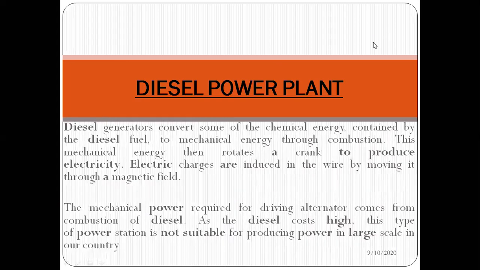The diesel generator converts some of the chemical energy contained in the diesel fuel into mechanical energy through the combustion process. This mechanical energy then rotates a crank to produce electricity. Electric charges are induced in the wire by moving it through a magnetic field. The mechanical power required for driving the alternator comes from the combustion of diesel.